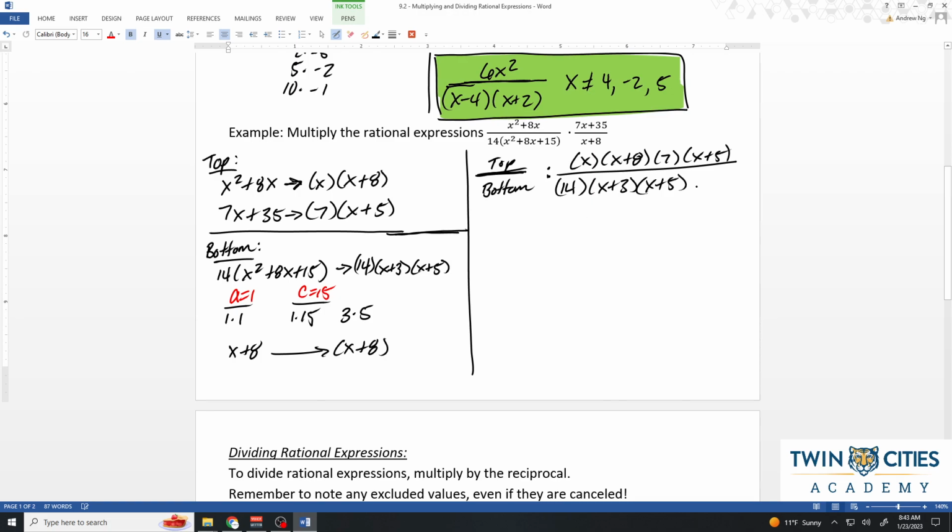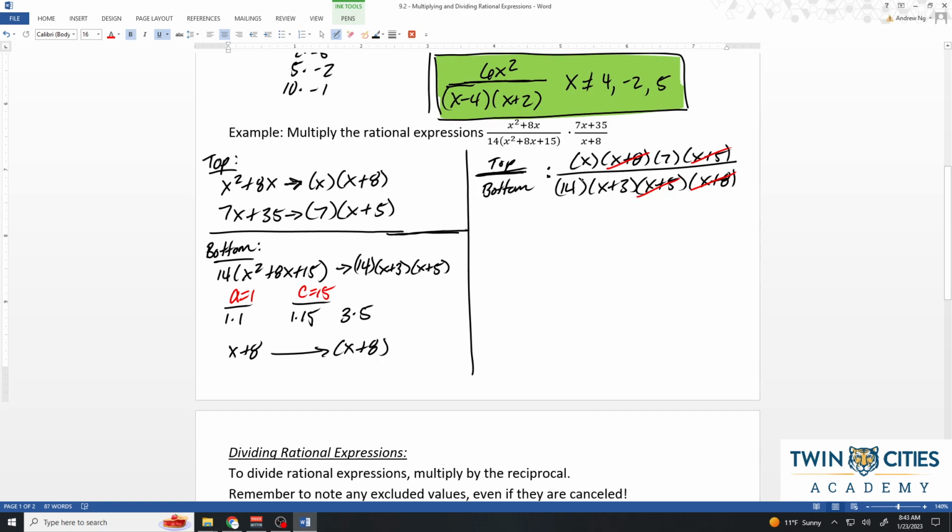And then another x plus 8. All right, let's start dividing some things out. I see I've got an x plus 8 on the top and the bottom. And I've got an x plus 5. And we'll write what's left over.